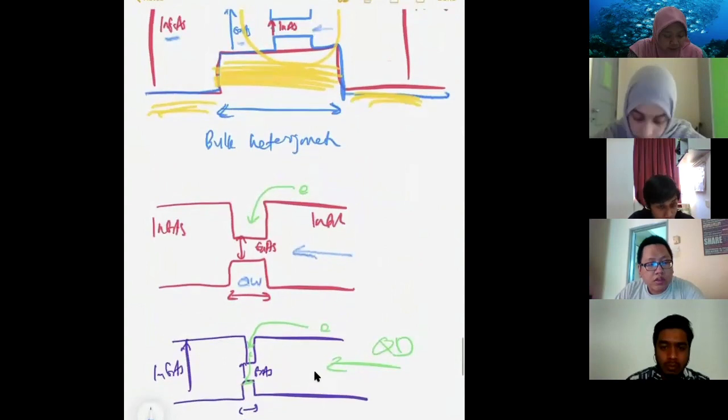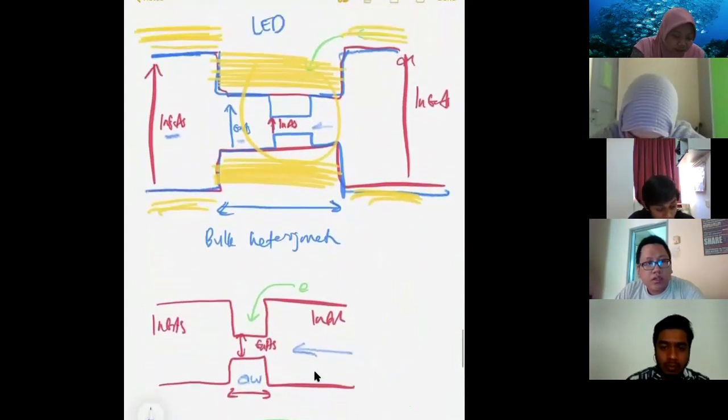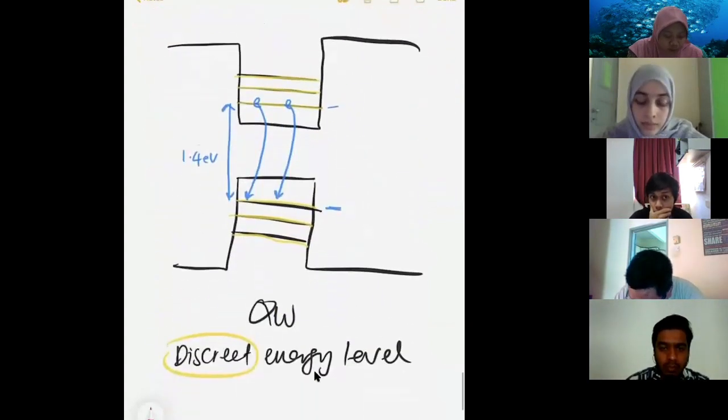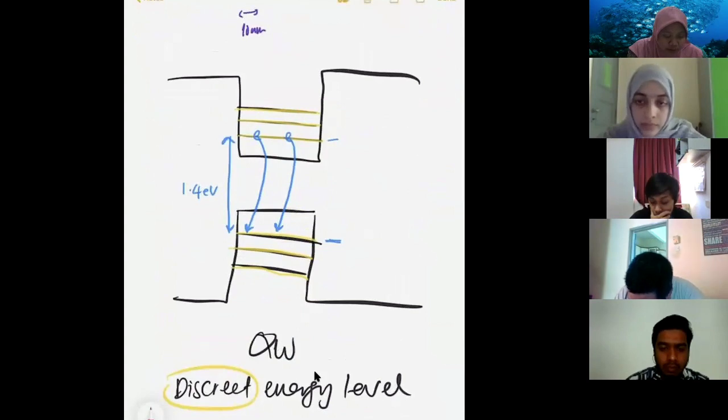But in a heterojunction like this, you will recombine here, but you can also have slightly smaller or slightly bigger energy. You understand? The wavelength is not nicely 1.4. There's a variation in terms of the recombination energy. However, in a quantum well, you will see discrete levels.